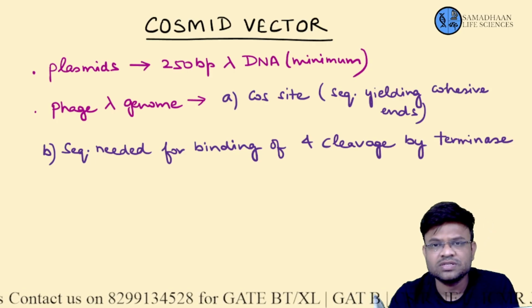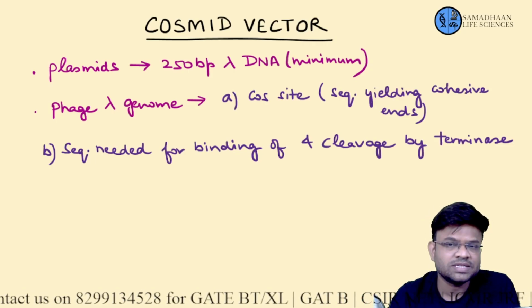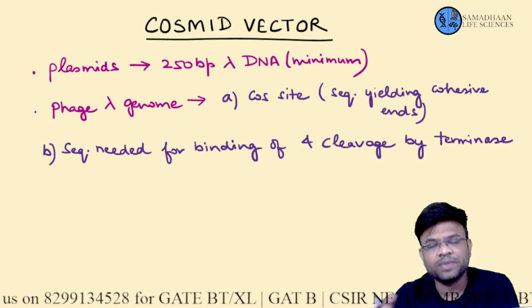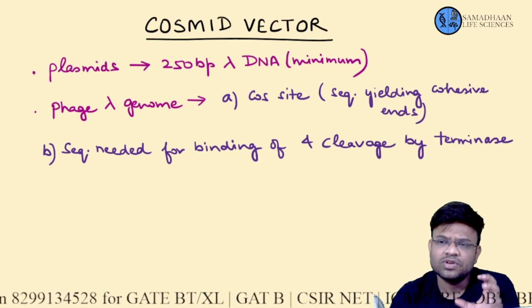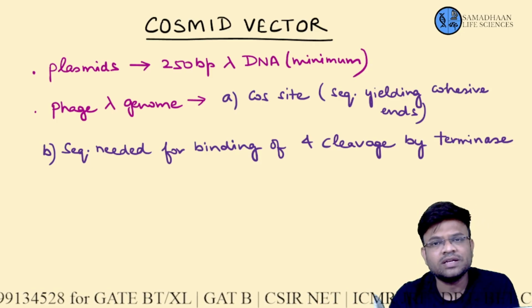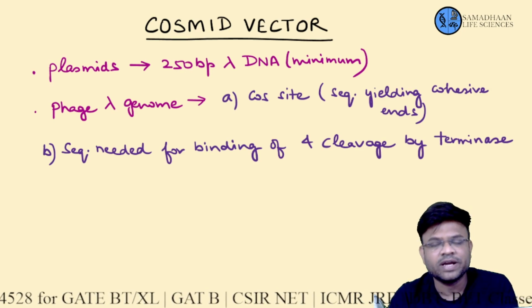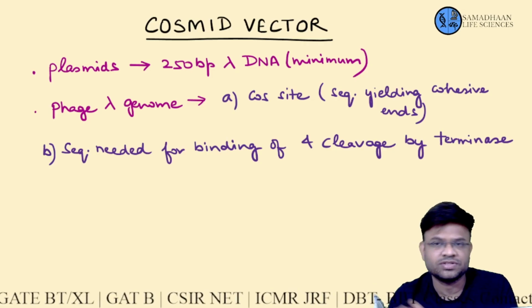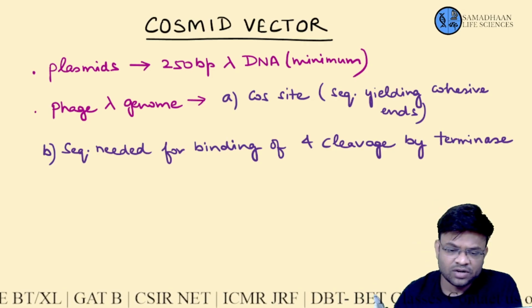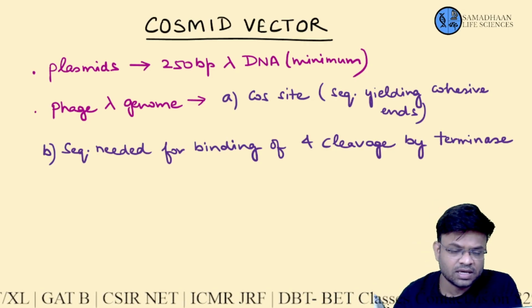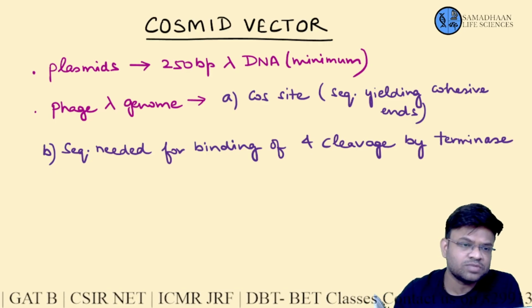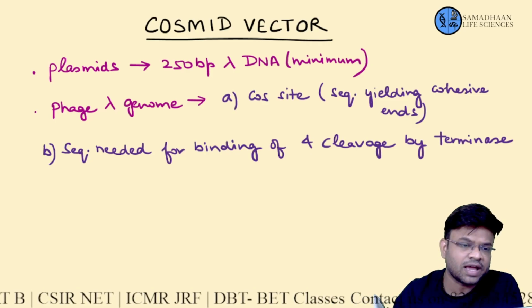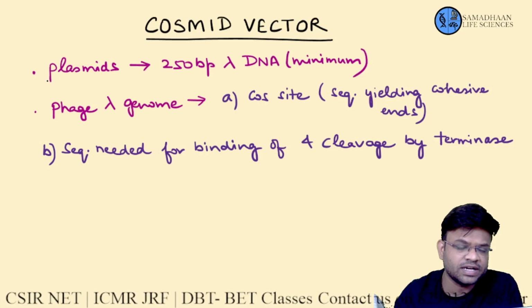So first thing first, what is a Cosmid vector basically and how is it prepared? You should understand that a Cosmid vector is just like a plasmid vector, but it has some additional features. Cosmid vectors are actually plasmids indeed.